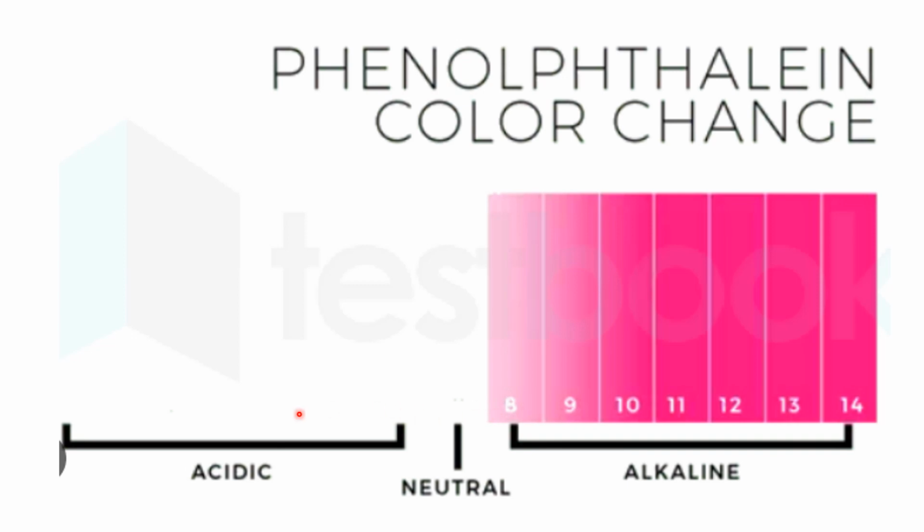Below 8, colorless siya. Okay, so wala siya, yung neutral, parang acidic din ang kanyang reaction. Okay, kasi colorless pa siya at pH 7. It becomes pink when it gets to pH 8.